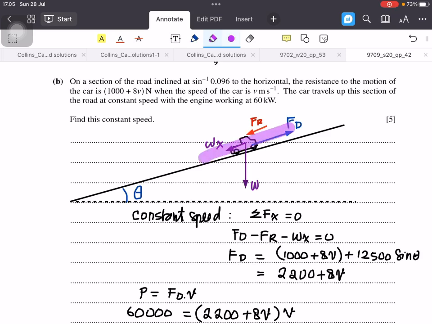So in the x direction, the equation will be the driving force minus the resistance force minus Wx is equal to 0. So the driving force, in simplest form, will be 2200 plus 8V.